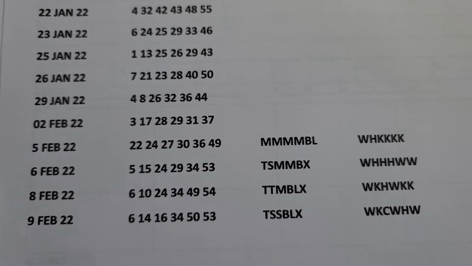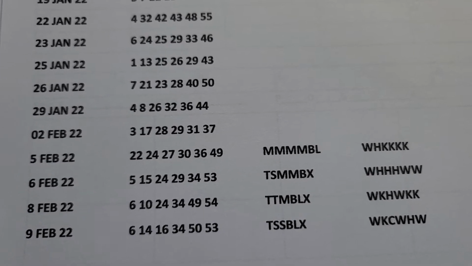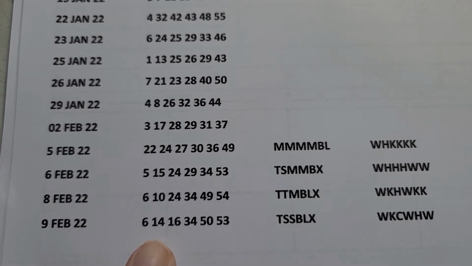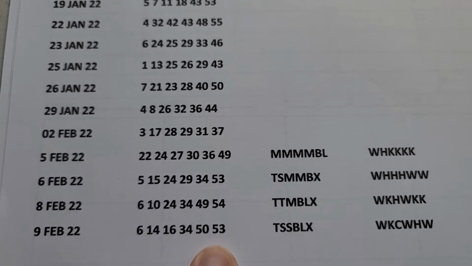And so the last draw for this lottery occurred on the 9th of February, and the numbers drawn were 6, 14, 16, 34, 50, and 53.